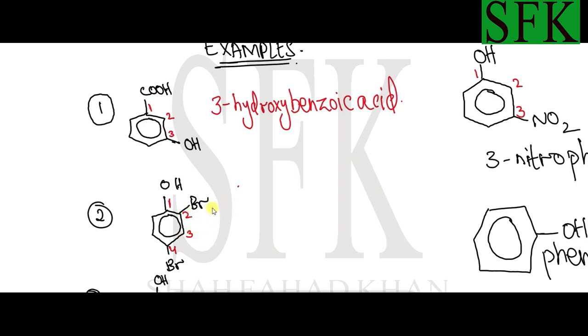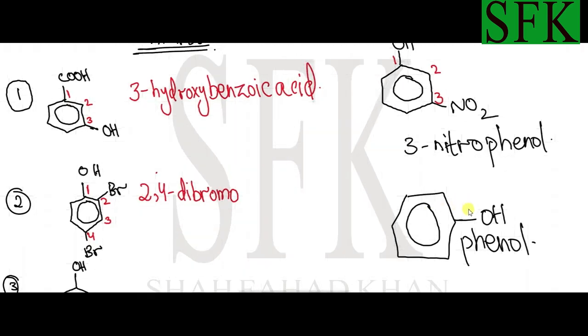Now let's specify the position of the substituents. They are identical, so 2,4-dibromo. And whenever a benzene ring contains the OH group, it's referred to as phenol. An OH group attached to benzene is referred to as phenol. So 2,4-dibromophenol.